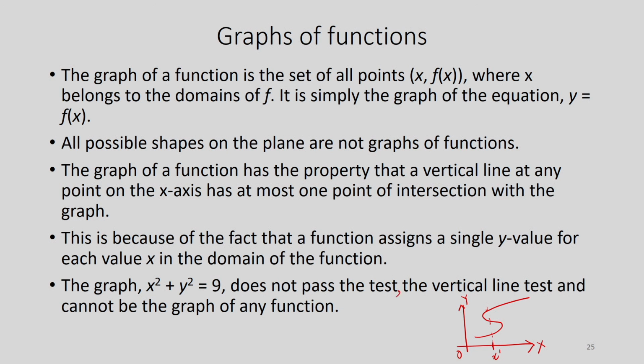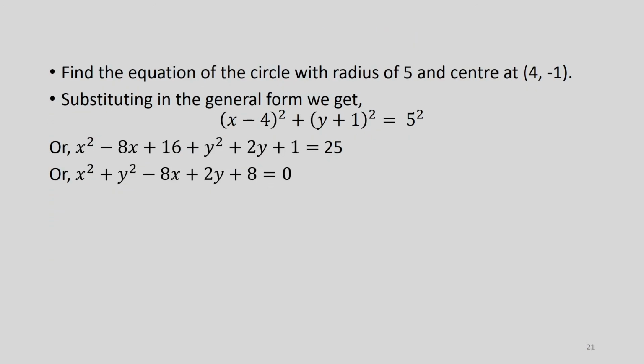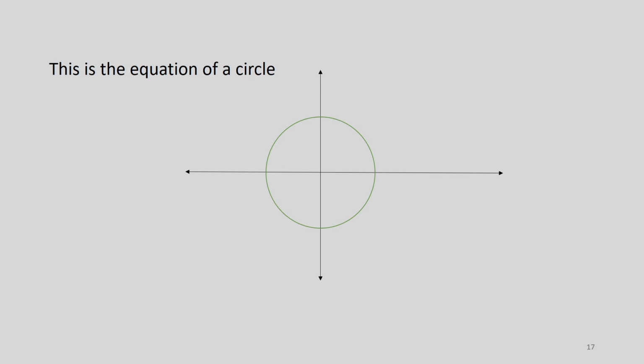So, what was x squared plus y squared is equal to 9? Just remember how this shape looked like. This is x squared plus y squared is equal to 9. Now, this does not pass that test that I am talking about.